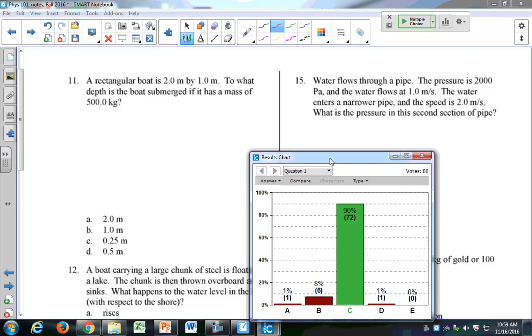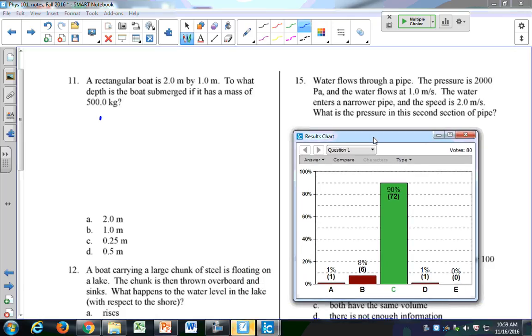So I start with the idea that my buoyant force is equal to my weight. And if there are no other forces involved and it's just floating, then that's always going to be true, that our buoyant force is equal to the weight. And our buoyant force is equal to the density of the fluid times the volume of the object that is submerged times G, and then that's equal to M times G. My G's cancel.